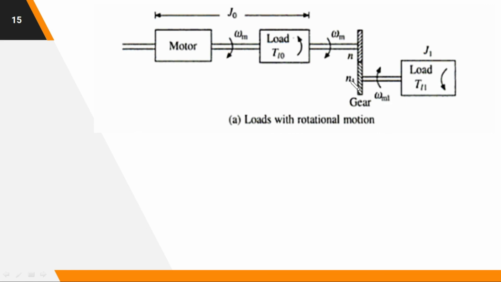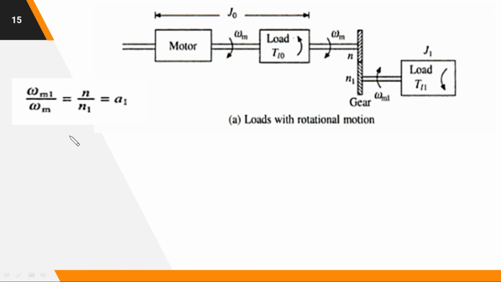As the number of teeth increases, the speed decreases, meaning gear teeth and speed are inversely proportional. So the speed depends on the gear teeth. This load has the moment of inertia we will consider as J1, and the load torque will be TL1.